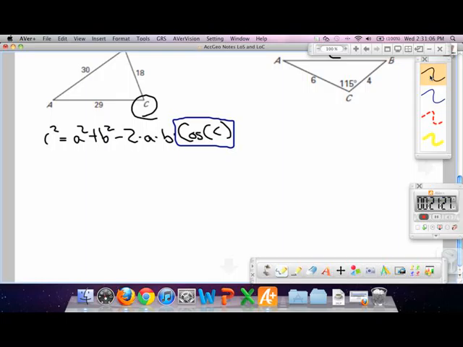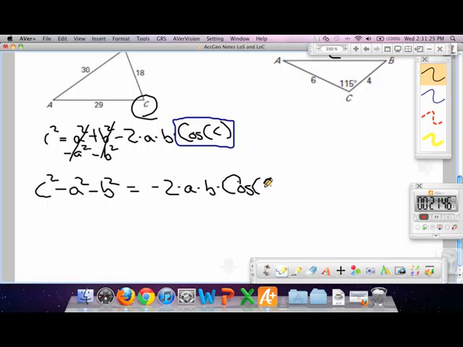Cancel these out, and you get C squared minus A squared minus B squared is equal to this thing. That's only 2 steps.